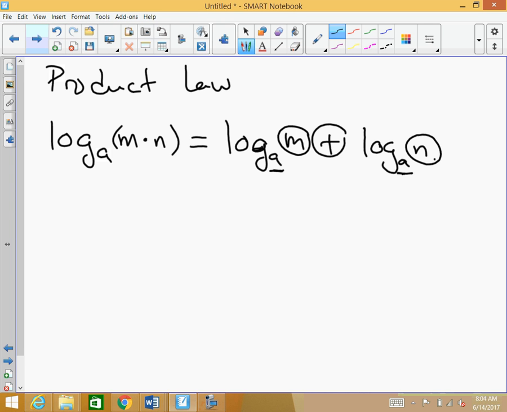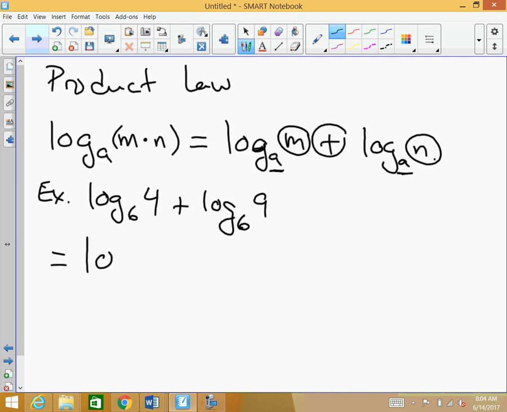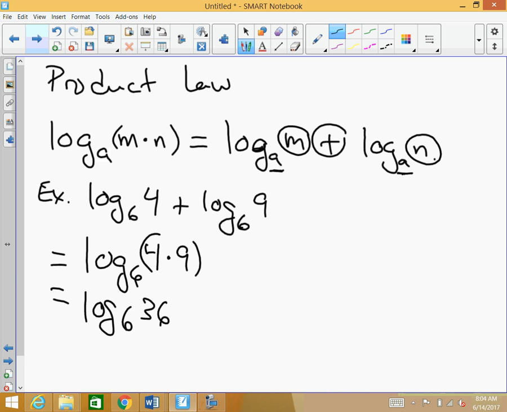So if I have, for example, log base 6 of 4 plus log base 6 of 9, well, that's just going to be equal to log base 6 of 4 times 9, which is equal to log base 6 of 36, and that is equal to 2, because 6 to the power 2 is equal to 36.